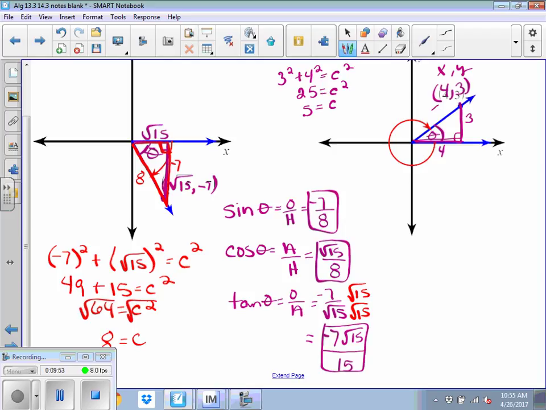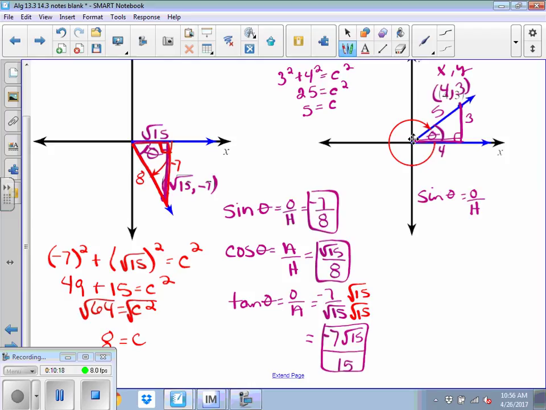Now, when we do opposite, adjacent, and hypotenuse, that is what is opposite theta. What is adjacent to theta? What is the hypotenuse? Hypotenuse is the same. But sine of theta is opposite over hypotenuse. So opposite theta is across from it.